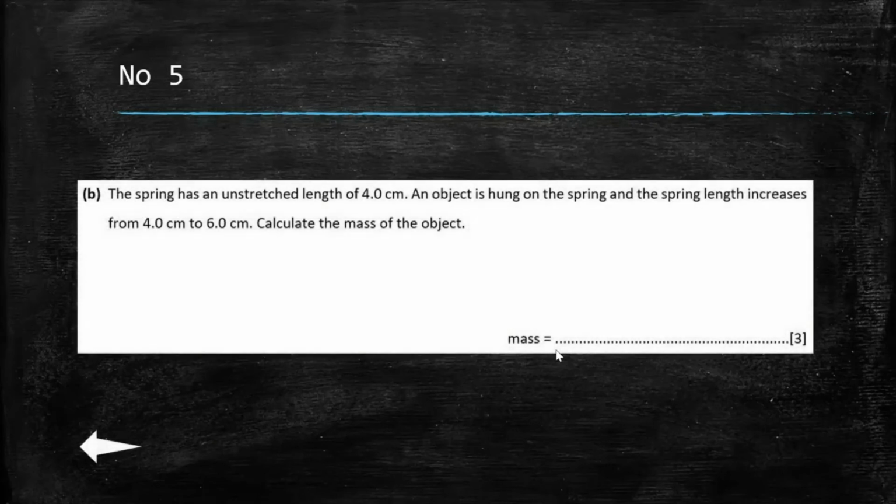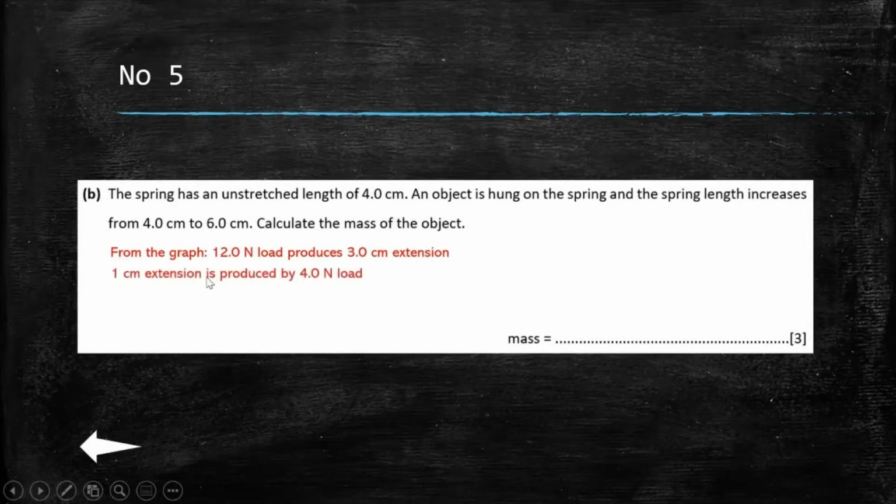This means that 1 cm extension is produced by 4 Newton load. Just divide the 12 Newton with 3 cm. So, we get 1 cm extension is produced by 4 Newton load.